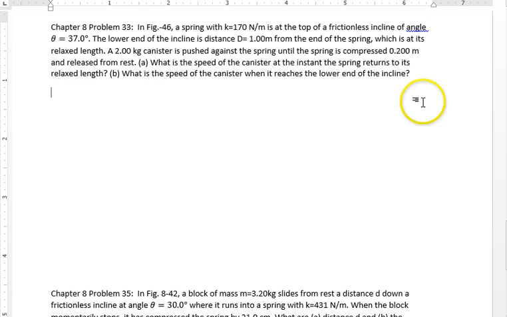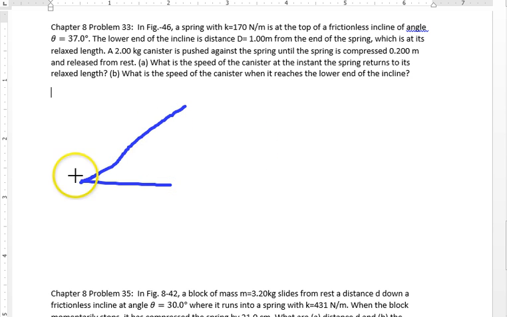All right, so if you think about this, and we're 1 meter up. Let me start over. The distance that is 1 meter is this one, right?